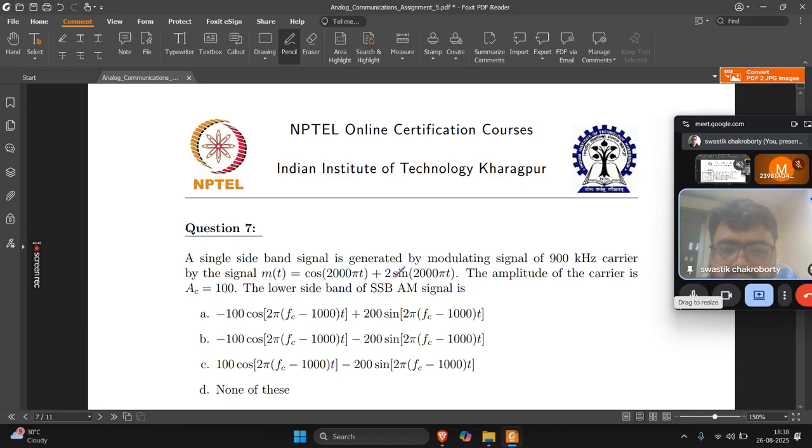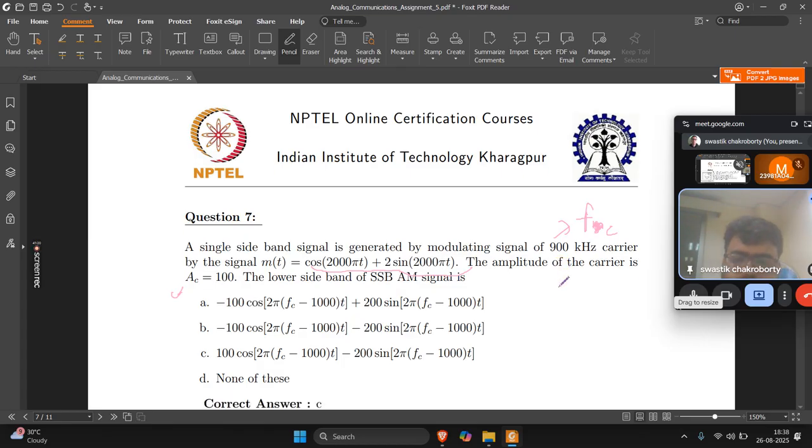So a single sideband signal is generated by modulating signal, you have a 900 kHz carrier, and this is your message, and this is AC, the carrier amplitude.